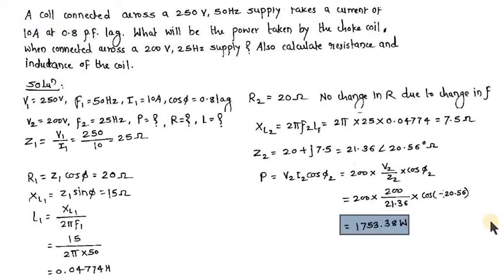So only by changing the frequency of the supply, the power that is consumed by the same coil changes, and it happens because inductive reactance changes with change in frequency. I hope you understood the meaning of this numerical and the way with which this should be solved.